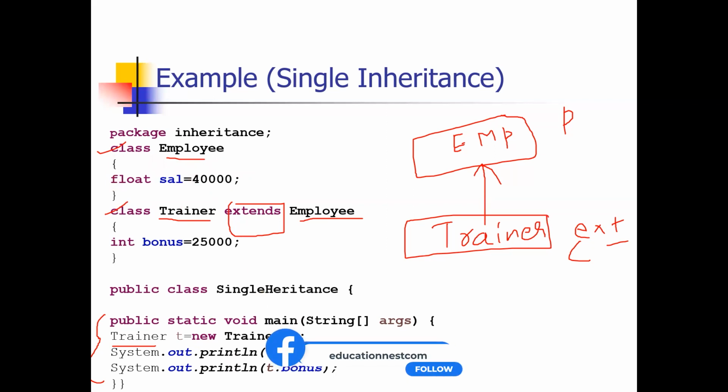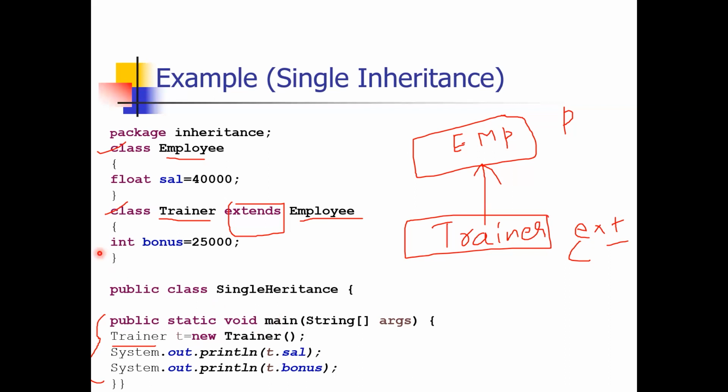Now come to the second command, System.out.println(t.bonus). Again it understands t is the object of class trainer. It will jump to the trainer class, and here it finds bonus, so it will print 25,000. Got it? So remember two or three things.